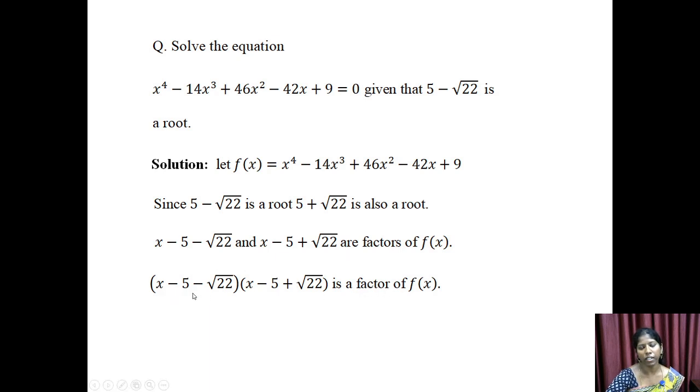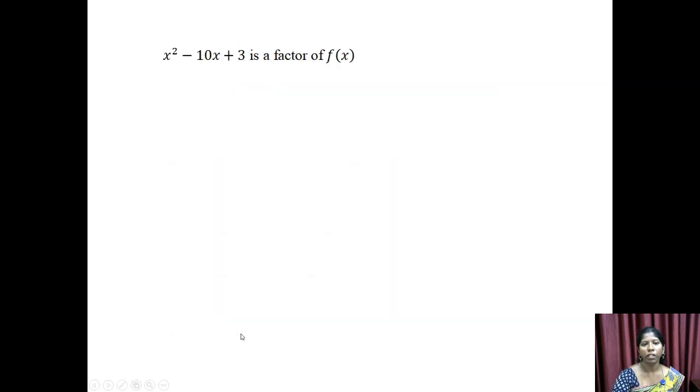This is in the format of a minus b, a plus b, so we can write this as a square minus b square, which becomes x minus 5 the whole square minus 22 is a factor of f of x. On simplification we get x square minus 10x plus 3, which is a factor of f of x.